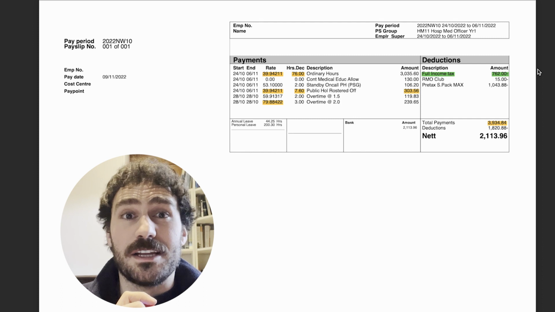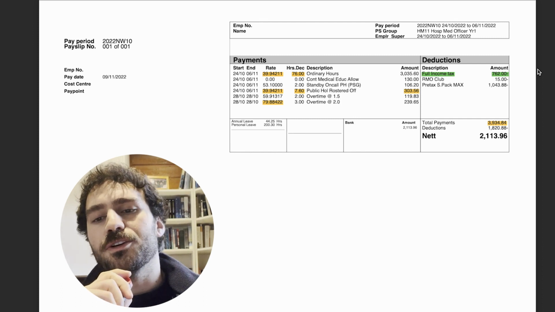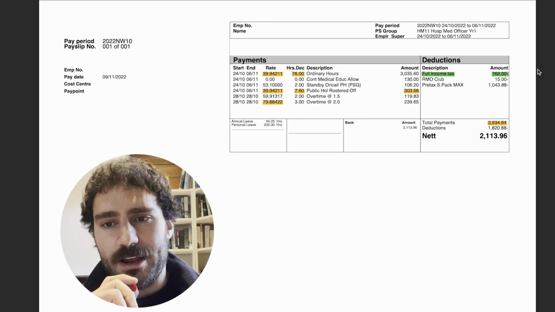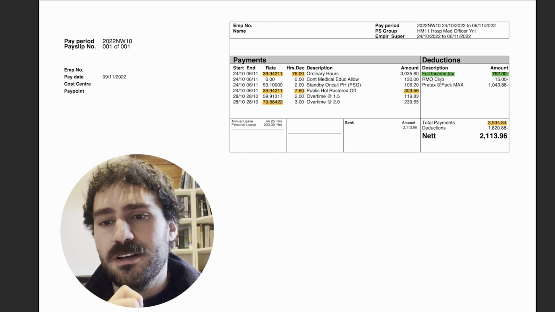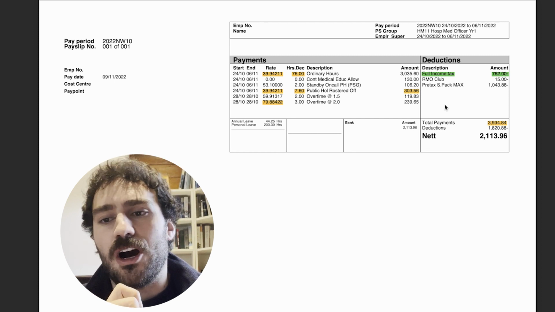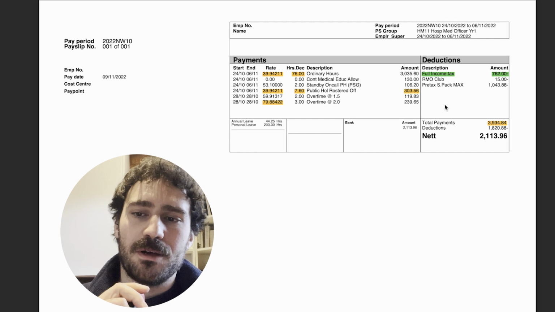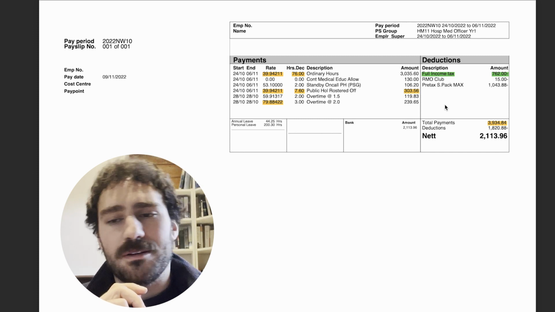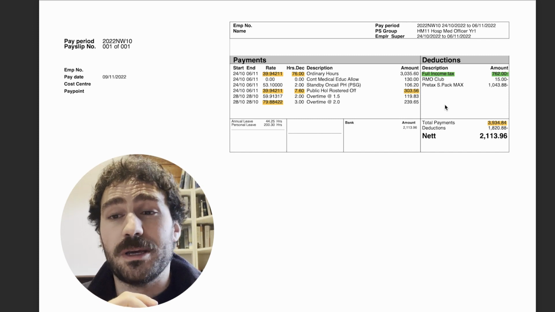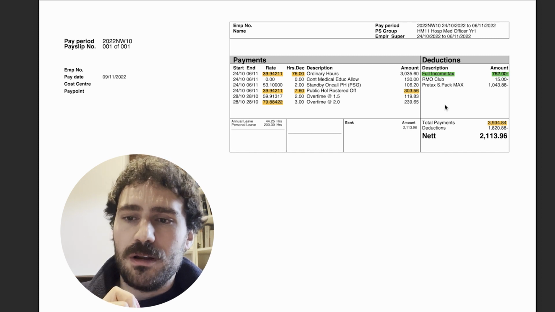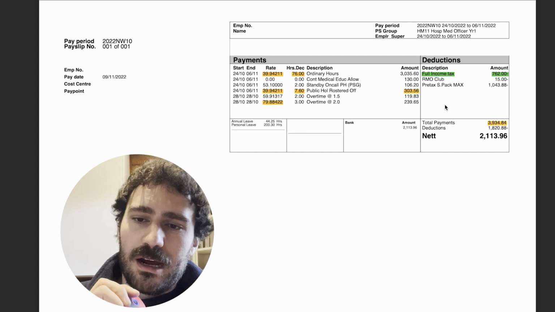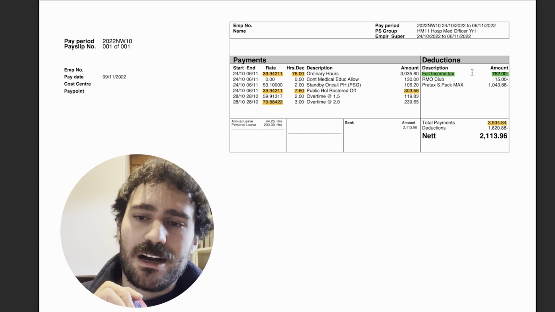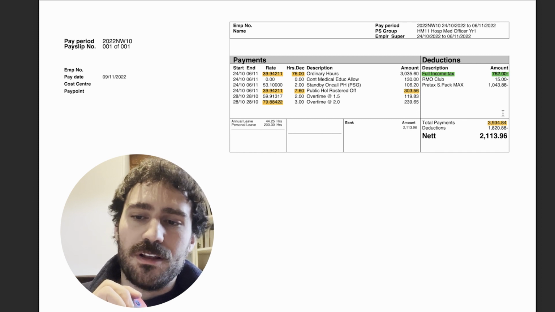I'll put in a link to the ATO, to be honest, and you can calculate your tax rate. It is a little bit different for everyone for the tax, but I usually don't check every payslip. I sort of trust that they do it, and maybe that's a fault of mine. I should probably be checking a little bit more. But essentially, the income tax is taken off that total amount.